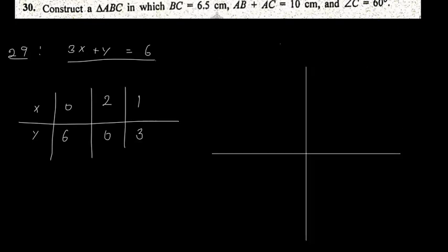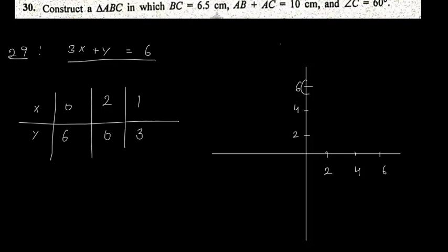So first 0, 6. For that we mark some points on the x-axis and y-axis. Say 2, 4, 6 along the x-axis. Similarly, along the y-axis, we have 2, 4, 6. Now first point is 0, 6. So along x-axis 0, along y-axis 6.